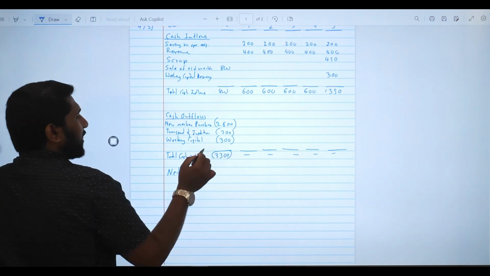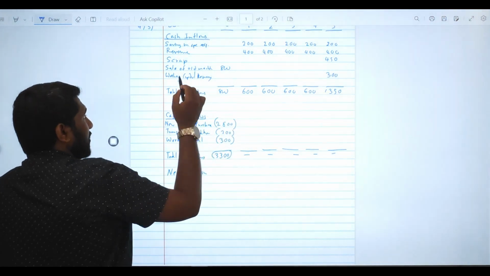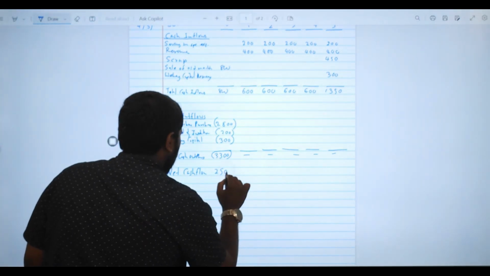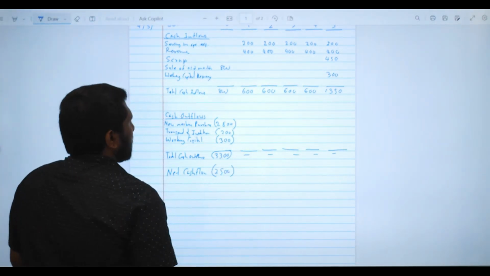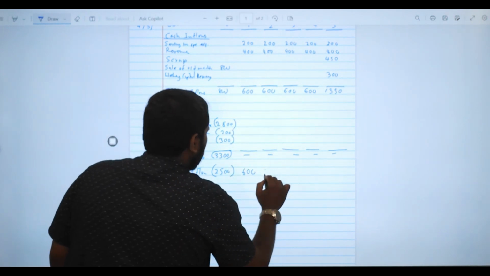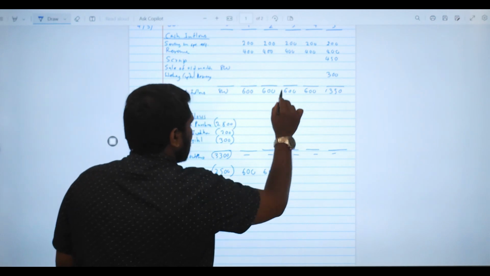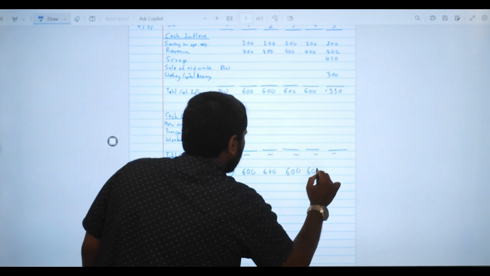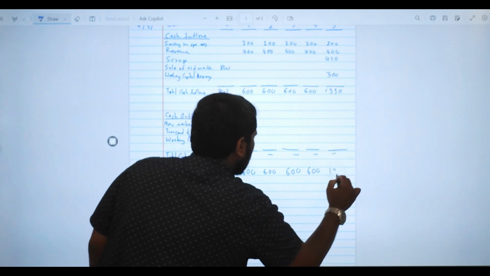Here negative 3,300, positive 800. So here it is negative 2,500. Here 600, 600, 600, 600, and 1350.